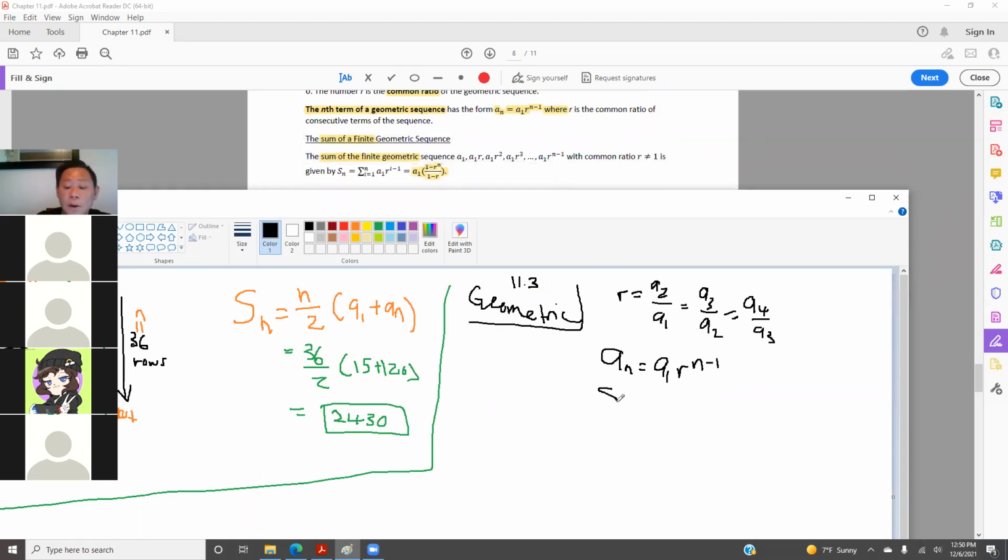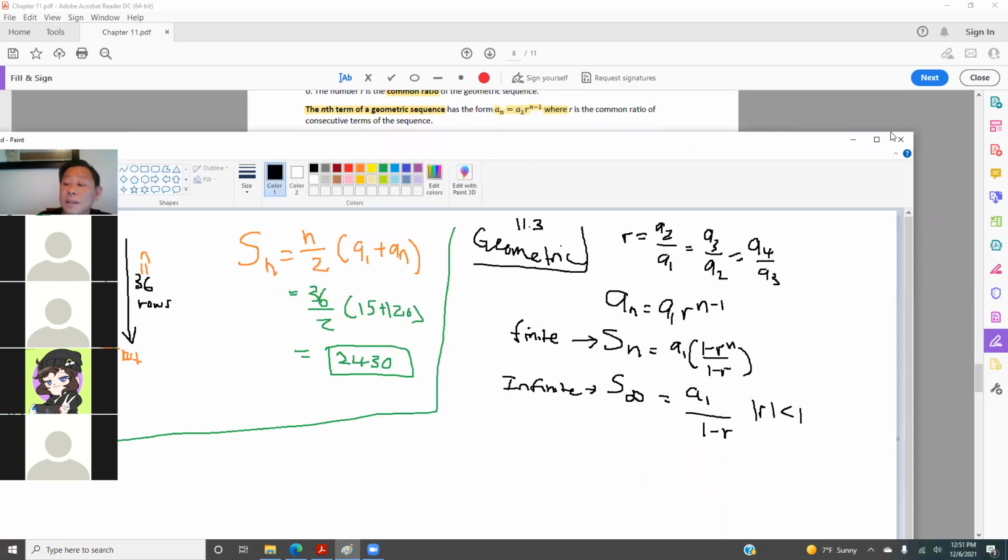And the sum, Sn, is given by a1 times 1 minus r to the n over 1 minus r. This is the finite sum. Finite means it stops or it ends. Now for the infinite sum, we use S infinity, which is a1 over 1 minus r, as long as the absolute value of r is less than 1.